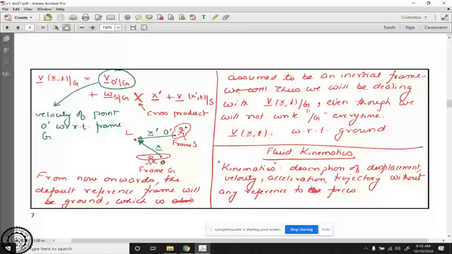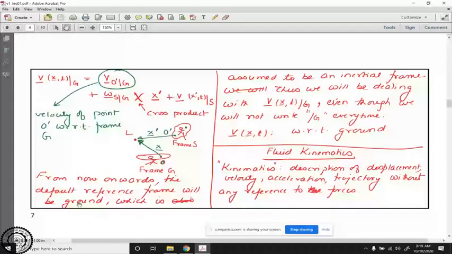So what the pilot sees, so there is a fluid particle in front of the aircraft, then Vx comma Ts will be what the pilot sees sitting inside the aircraft, and sometimes we want to know that quantity, and on the other hand, sometimes we would like to know what is the velocity seen by somebody sitting on the ground. Okay, so this kind of situation can happen even in fluid mechanics, so it's good to be aware of this.